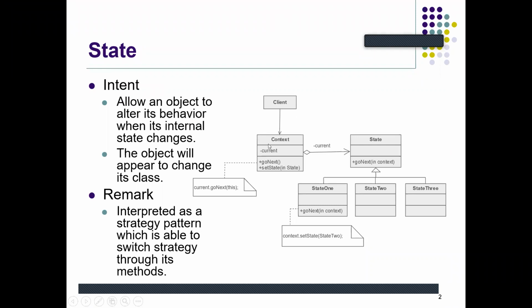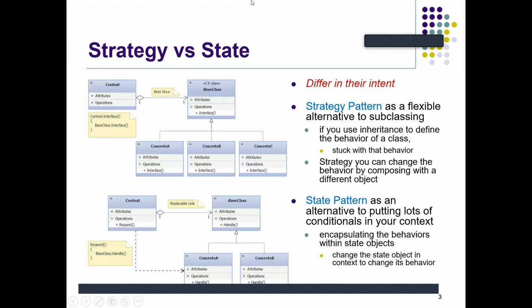You have a context. Context has the state. And then when you switch, it will replace this connection to a different state. And that switch is going to happen on a command called handle, right?